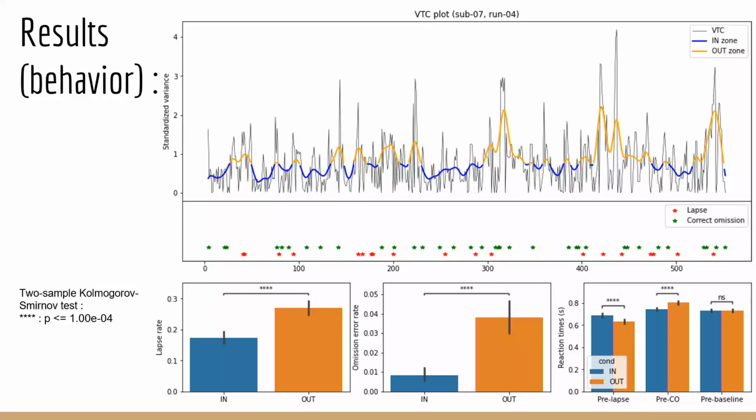Looking at the reaction times of trials preceding errors, attentional lapses or commission errors, we can see that these trials had a shorter reaction time before the attentional lapses and a longer reaction time before commission errors. So there are variations in reaction times predicting errors in the suboptimal performance state.